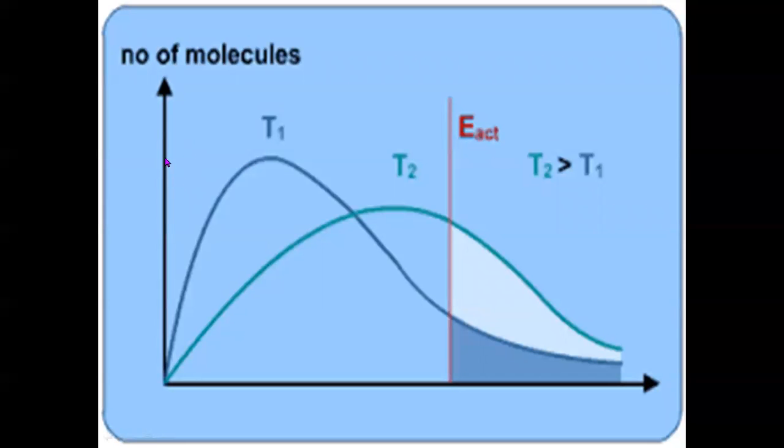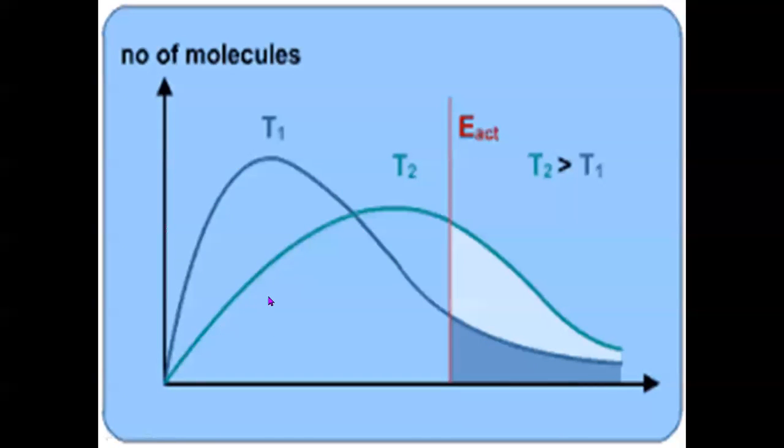Here on the y-axis, we have number of molecules. So T1 is the lower temperature. You can see the curve has a higher peak, and the area in which we have a sufficient number of molecules which can be converted into product is less here.